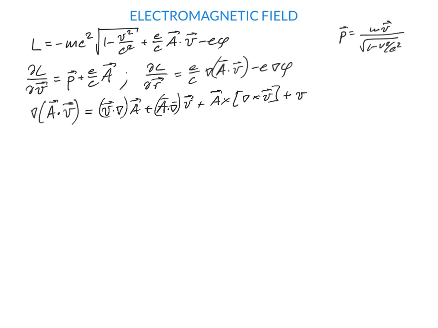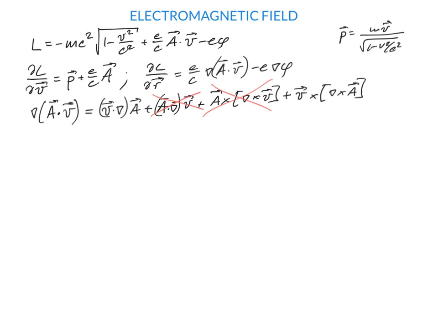So far I'm just writing an expression that is valid for any vectors A and v. So this is the expression. Now, because the gradient operator actually acts only on A and not on v, we have to drop the terms where del acts on v. So this term should be removed, and this term should be removed.